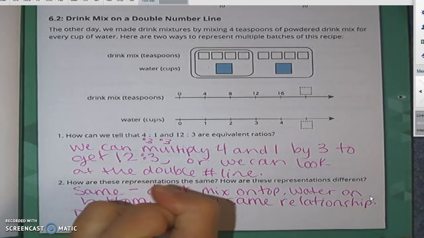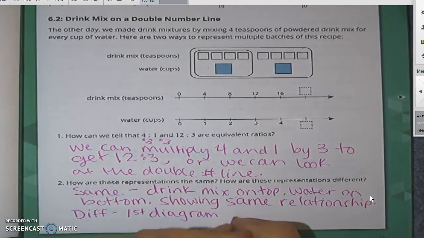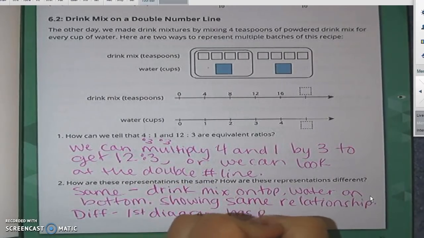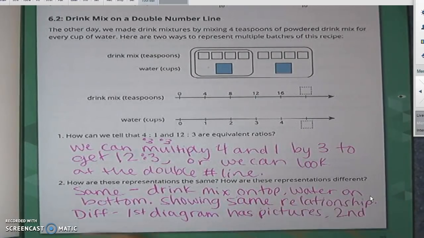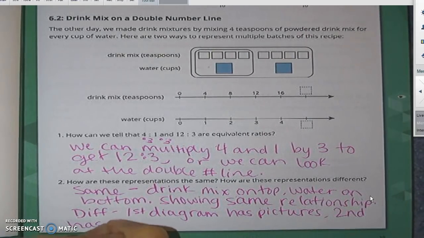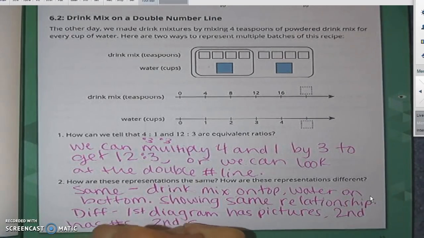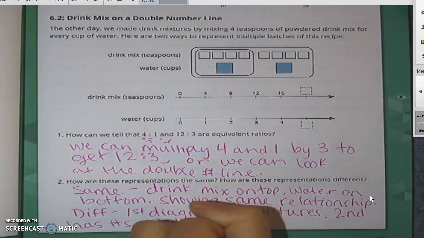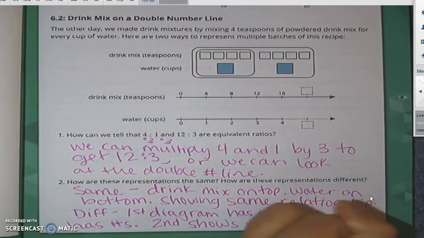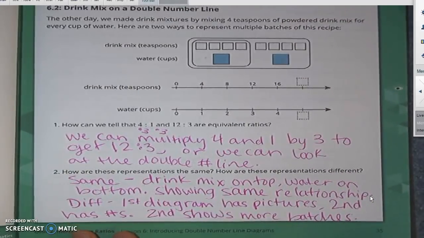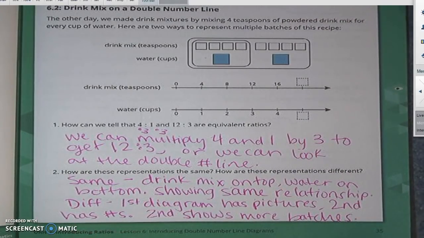First diagram has pictures. Second has numbers. Second shows more batches. So please pause the video if you need to add more to your explanation.